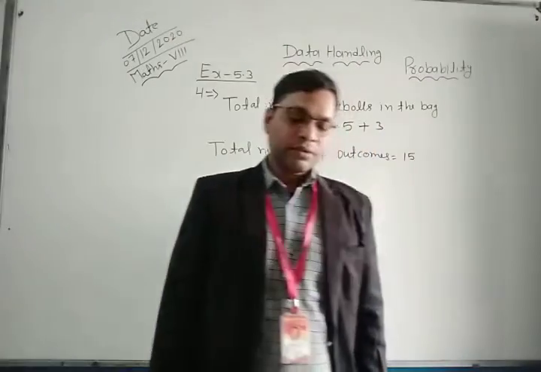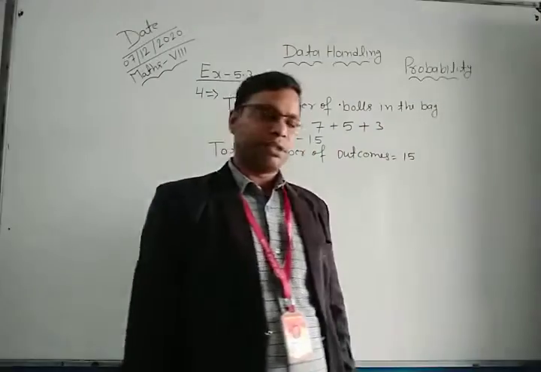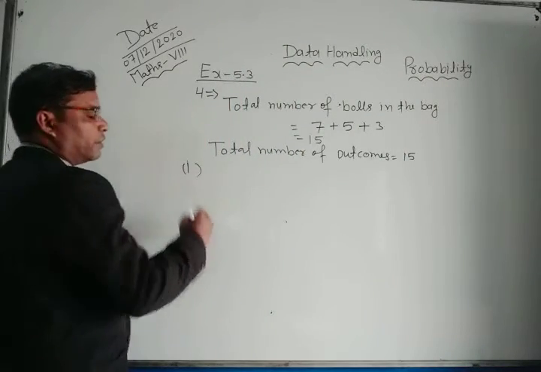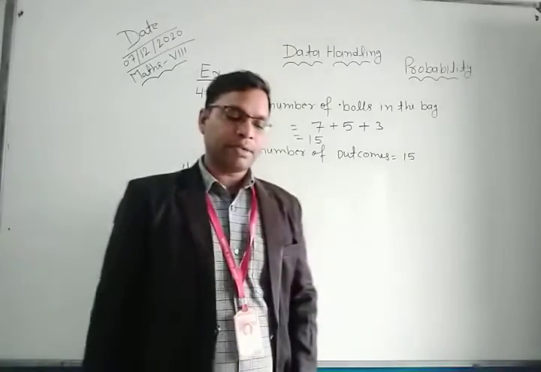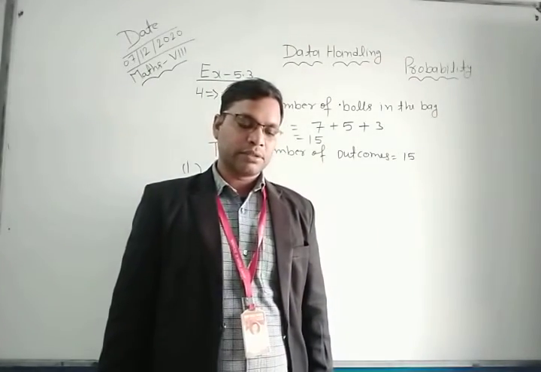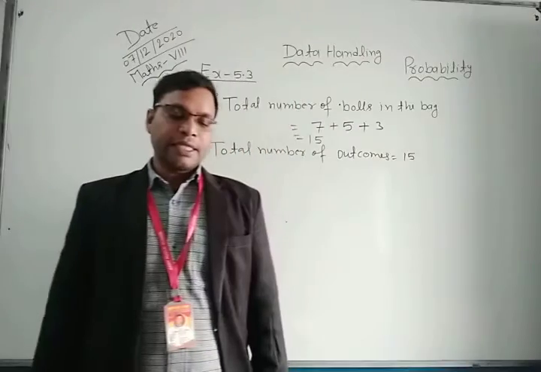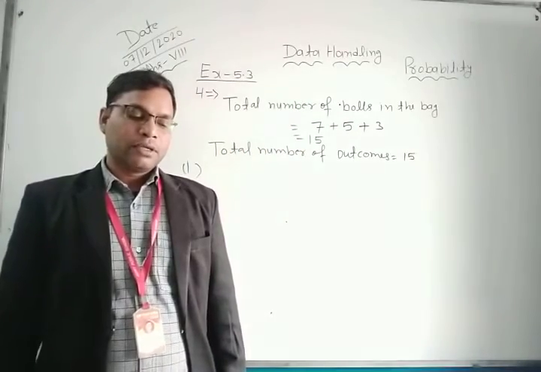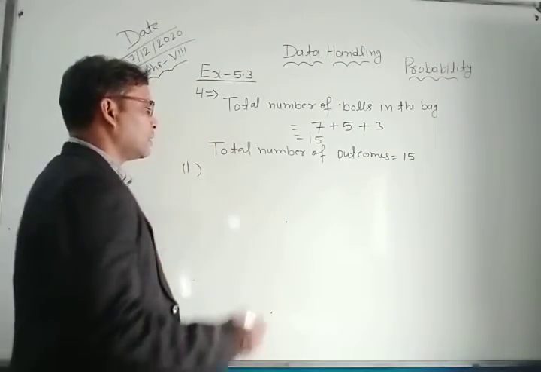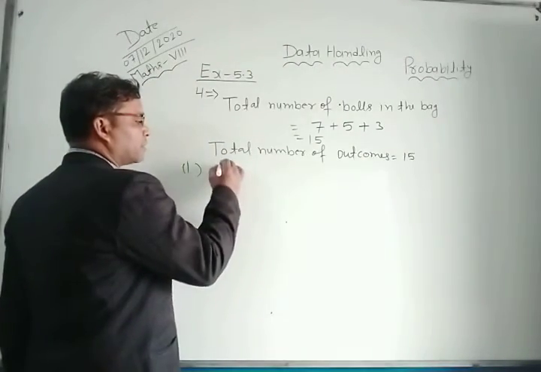Okay. The first part of this question, we need to find the probability. What is the first part? Find the probability of getting a red ball. The event is getting a red ball. So the number of red balls in the bag, how many red balls in the bag?